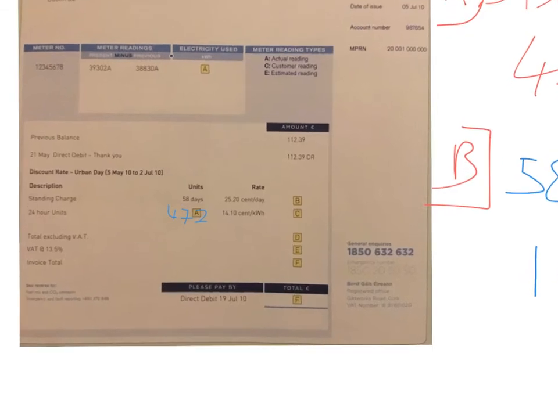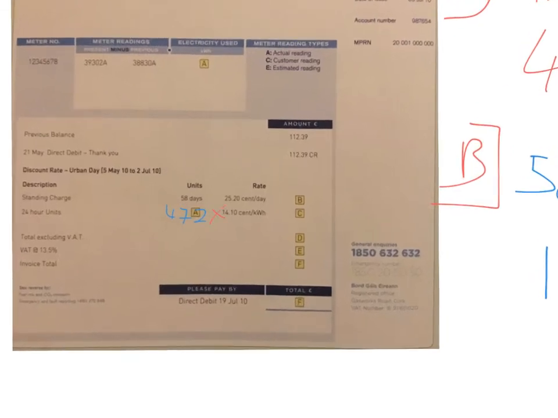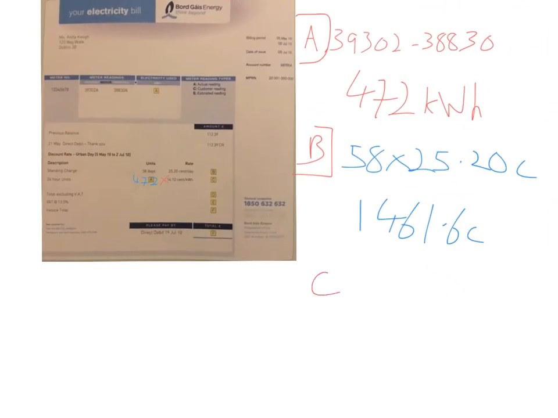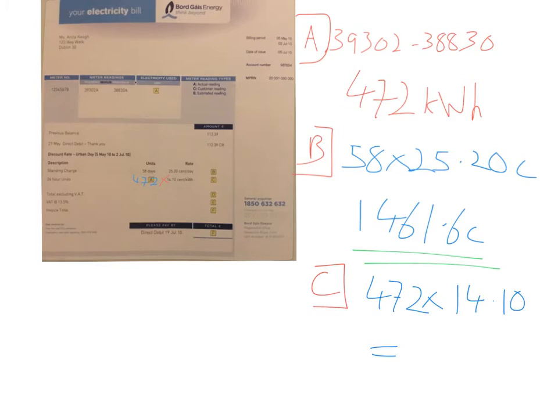So again, to solve out how much that's going to cost altogether, it'll be 472 lots of 14.1 cents. So we multiply again. We'll do that over here to the right hand side. And the figure we get is 6,655.2 cents.